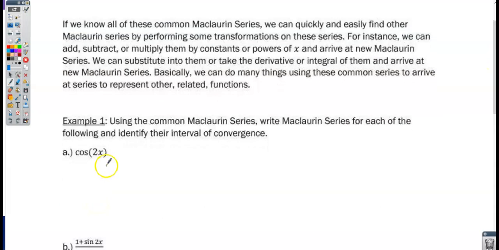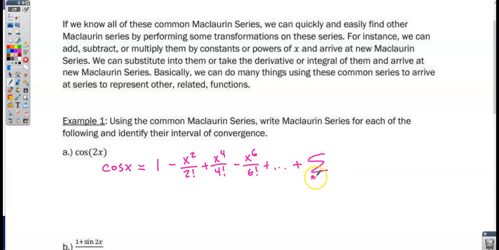First of all, the series that I know related to this one is that cosine of x is equal to 1 minus x squared over 2 factorial plus x to the 4th over 4 factorial minus x to the 6th over 6 factorial, etc., etc. My general term is going to be the sum from n equals 0 to infinity of negative 1 to the n times x to the 2n over the quantity 2n factorial. I do not need my summation in my general term. This is a general term, not the entire series. Sorry about that.